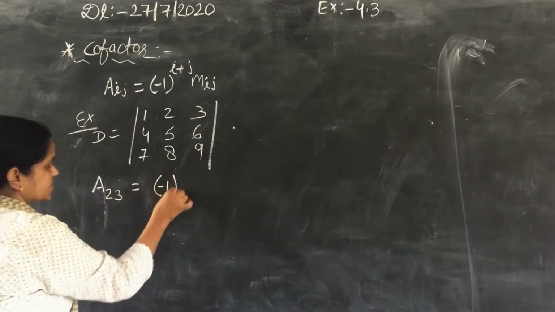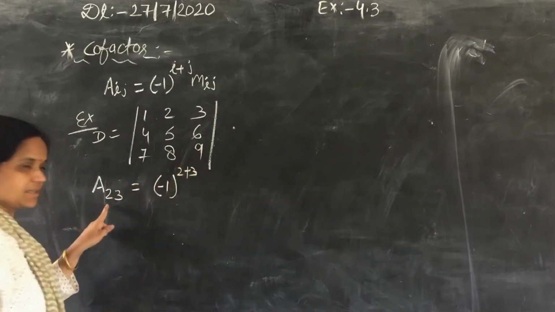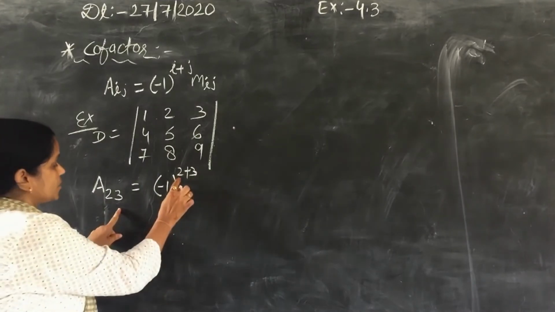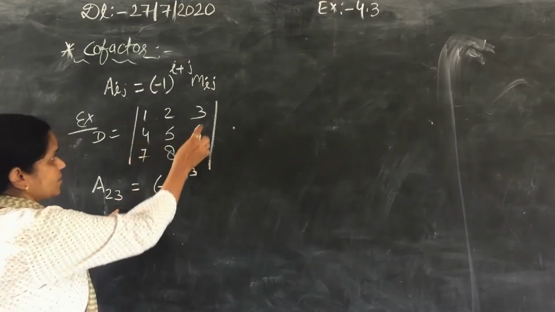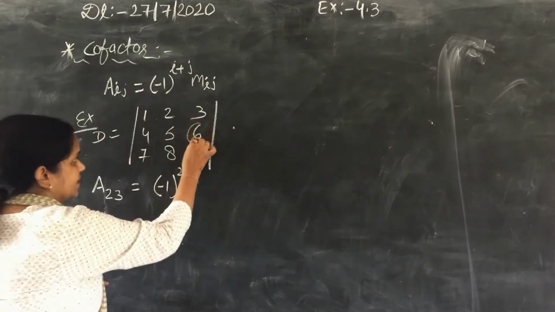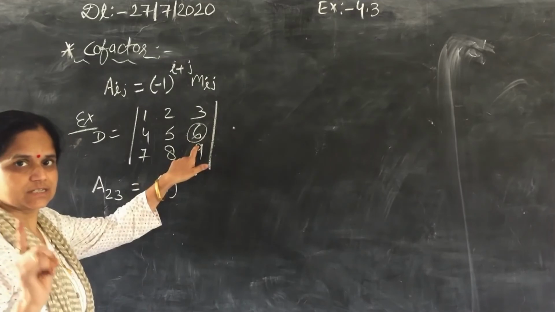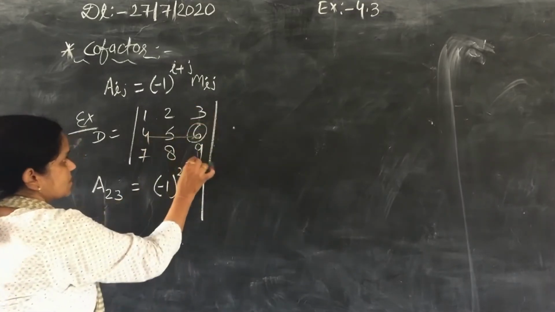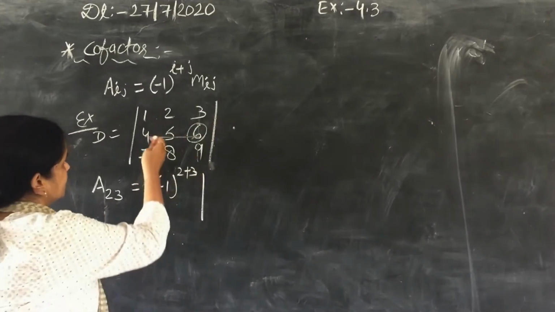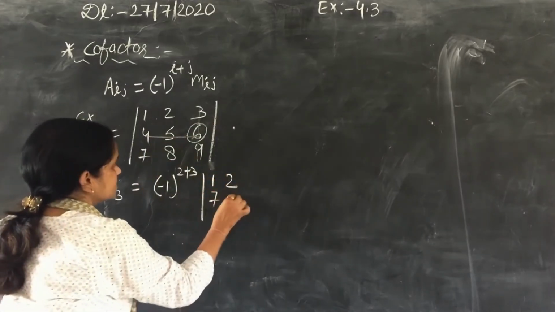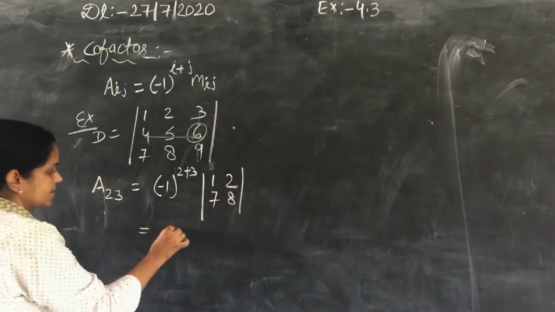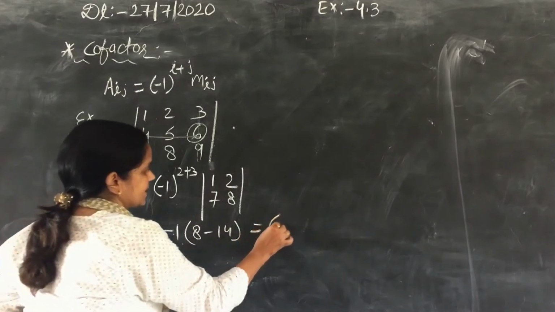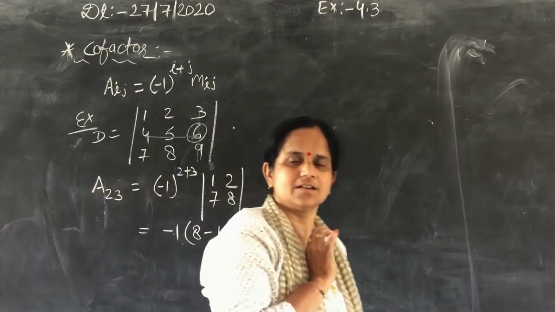It means (-1)^(2+3), 2 in place of i and 3 in place of j. 2, 3 means second row, third column. We are finding the cofactor of 6 only. Here this row and this column will be deleted and we will get 1, 2, 7 and 8. Solve it. It's minus 1 times (8 minus 14). We will get 6. It is the answer.